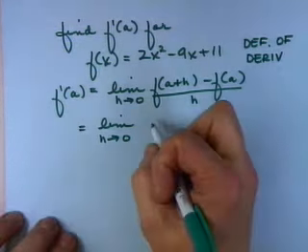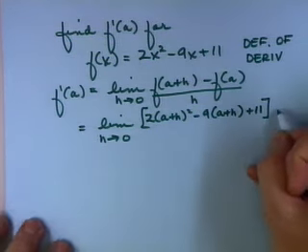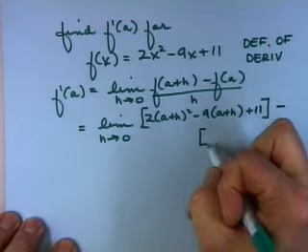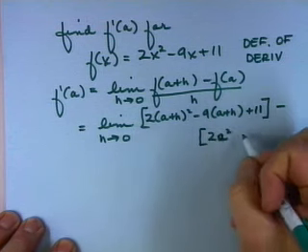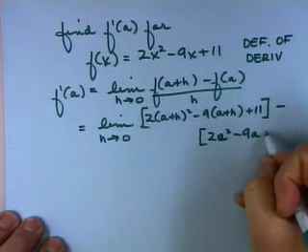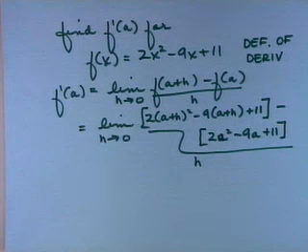So that's the function at a plus h minus the function at a. Everywhere you see an x, replace it with an a. And all of that is going to be divided by h. Look familiar? Kind of the same stuff we've been doing here for the last couple days anyway.